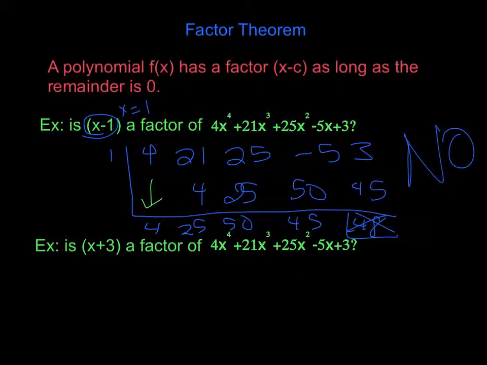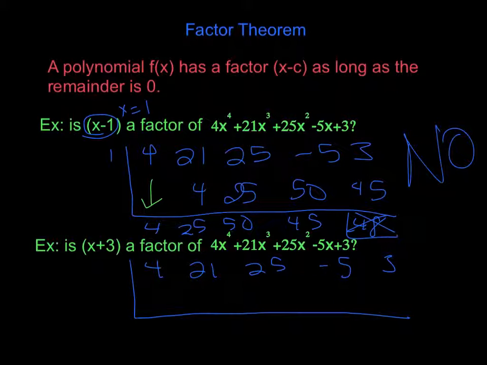If we look at example 2, same numbers, I'm just trying a different one. If this is x plus 3, that means you're going to use negative 3 on the outside of your synthetic division. Bring down my 4. Negative 3 times 4 is negative 12. 21 minus 12 is 9.